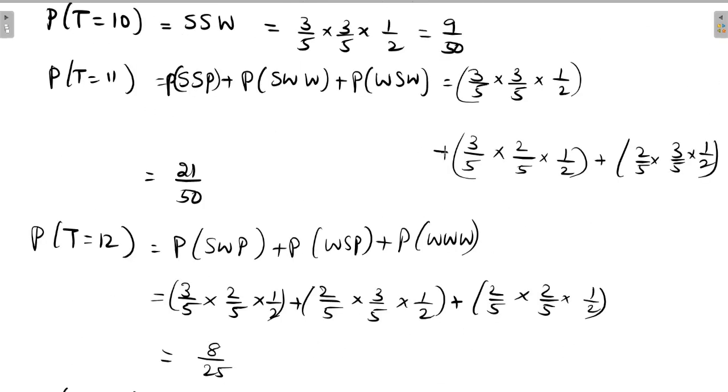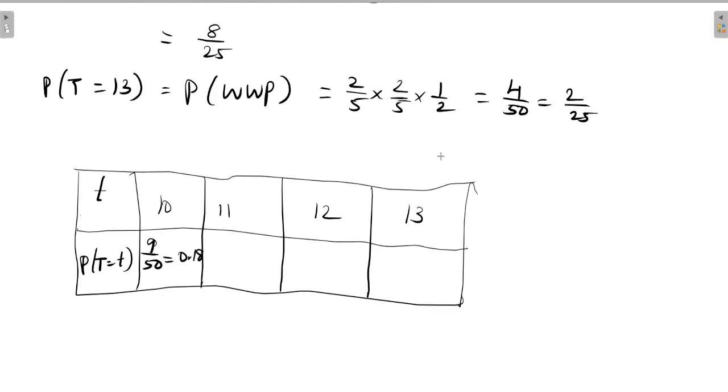That is already we found, 9 by 50. Then 21 by 50, which is equal to 0.42. The third one is 8 by 25, which is equal to 0.32. Then 13 is 2 by 25, which is equal to, the decimal expansion is 0.08. This is the required distribution.